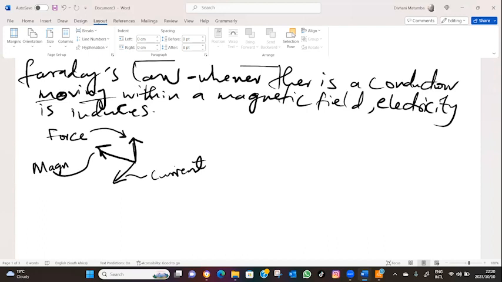Now, it means whenever you're moving a conductor in that direction, within a magnetic field which is pointing in that direction, your current will go in that direction.